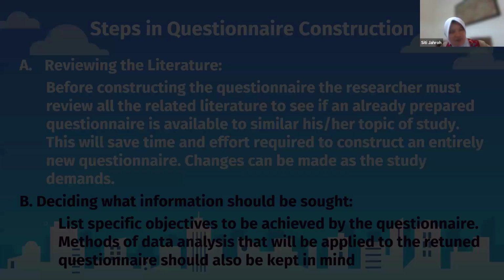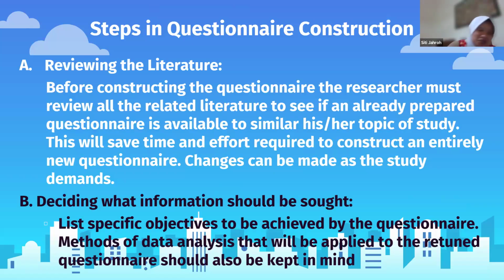We went through this before. You review the literature. You don't start from zero. You try to find research papers similar to your study and take a look at existing questionnaires.